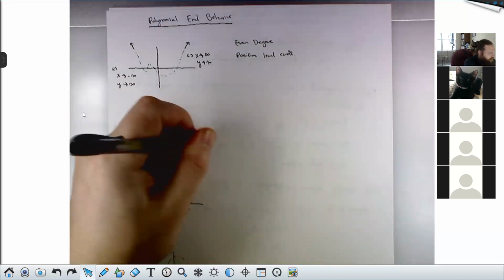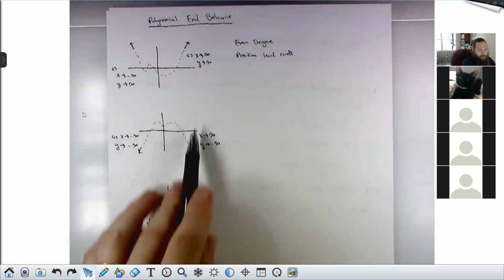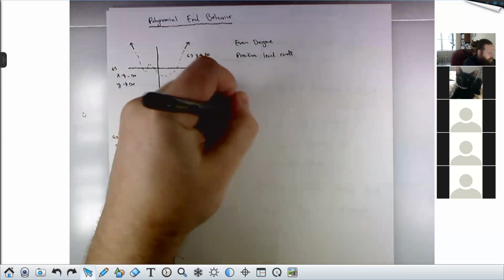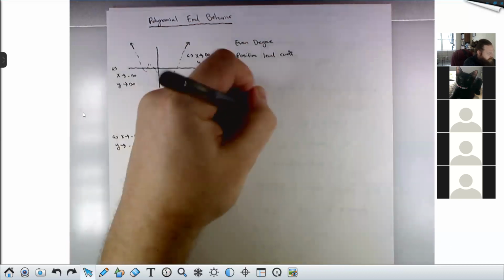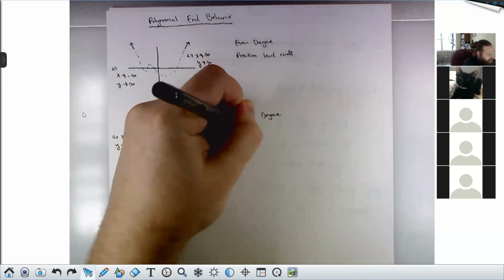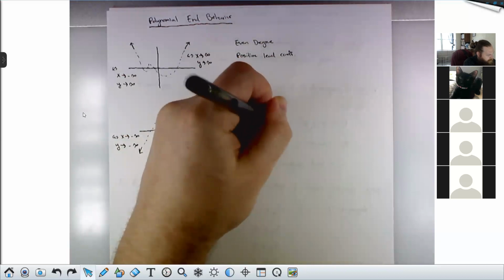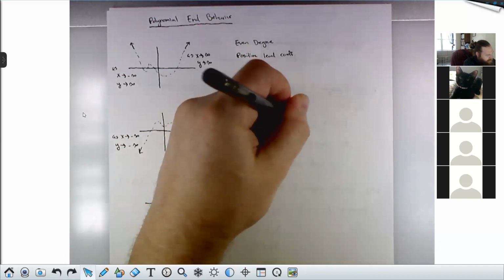So y is going to negative infinity. Polynomials which exhibit this type of end behavior are those with an even degree and a negative lead coefficient.